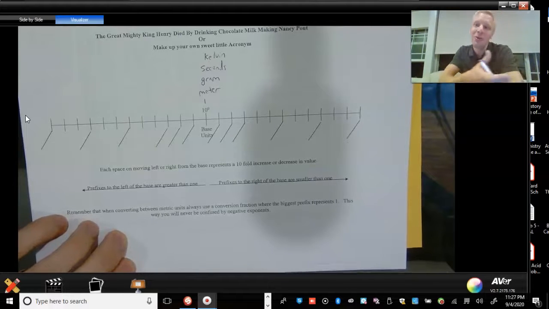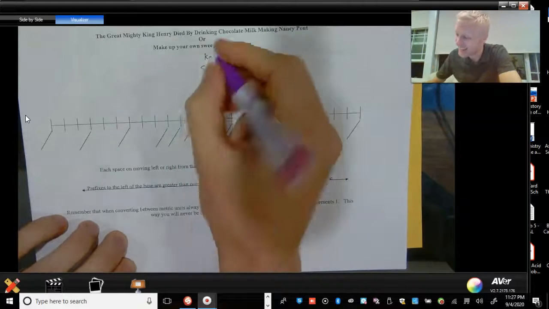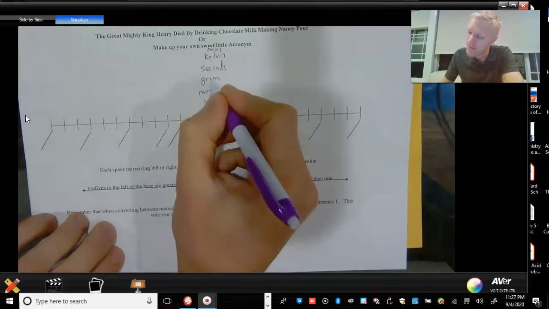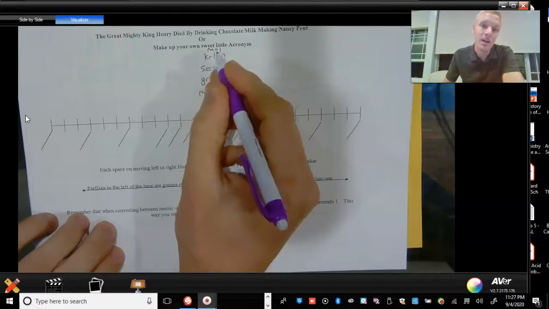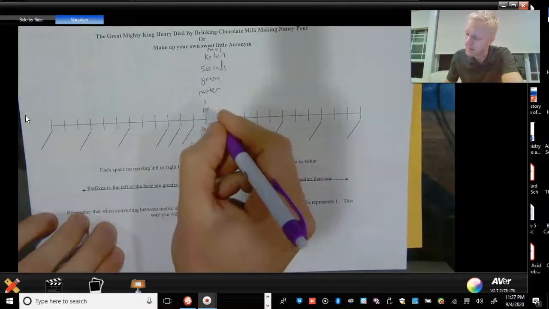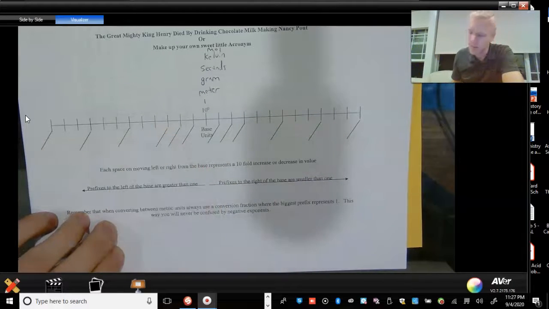Yeah, moles, remember? So we got meter, gram, seconds, Kelvin, moles. Those are the 5 base units. And if we're at 10 to 0, it's 1.